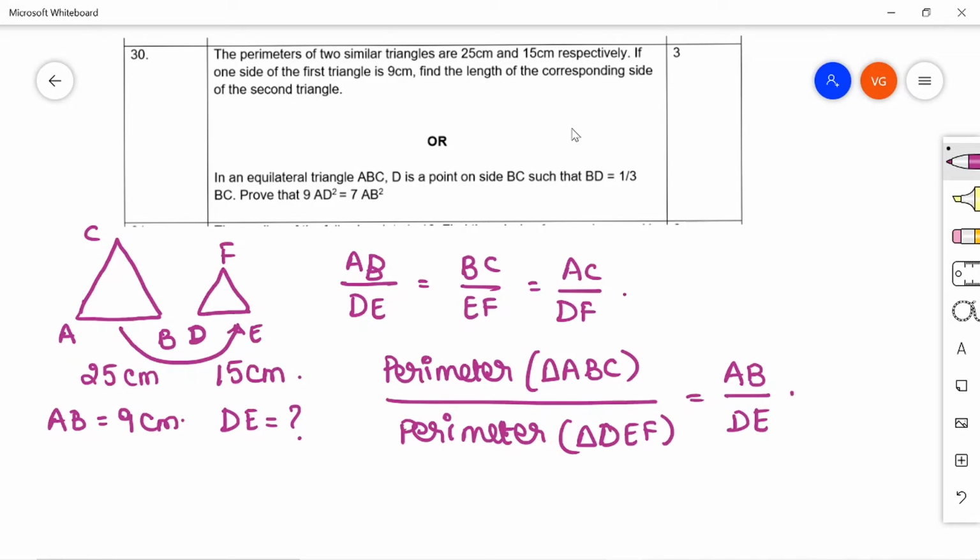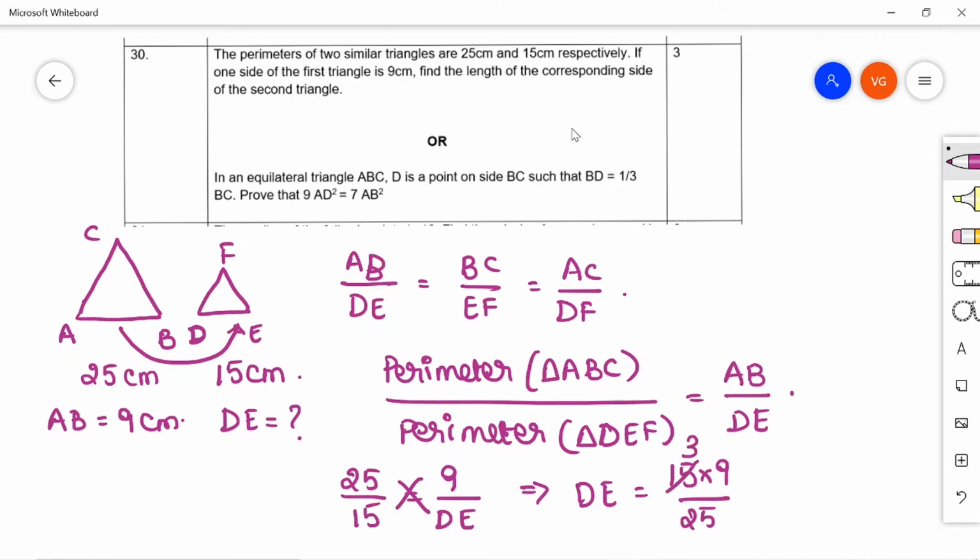So just substitute here. 25 divided by 15 is equal to AB, which is 9, divided by DE. Take cross multiplication to get the value of DE. DE is equal to 15 into 9 by 25. This is 3 times, this is 5 times. 27 by 5. So 5 5s are 25, 2 remaining, so you will get 5.4 centimeter as the corresponding side here.